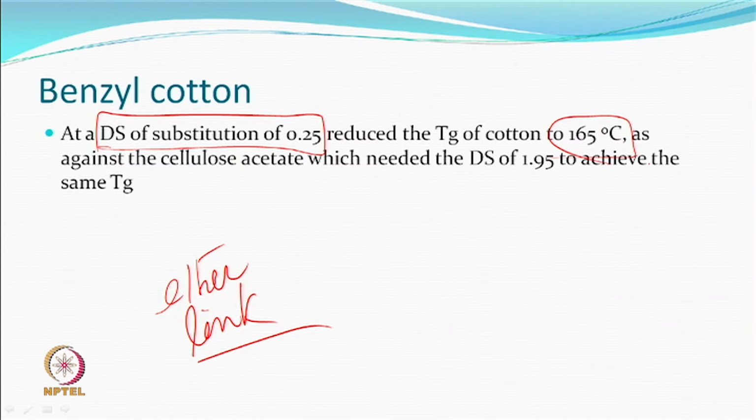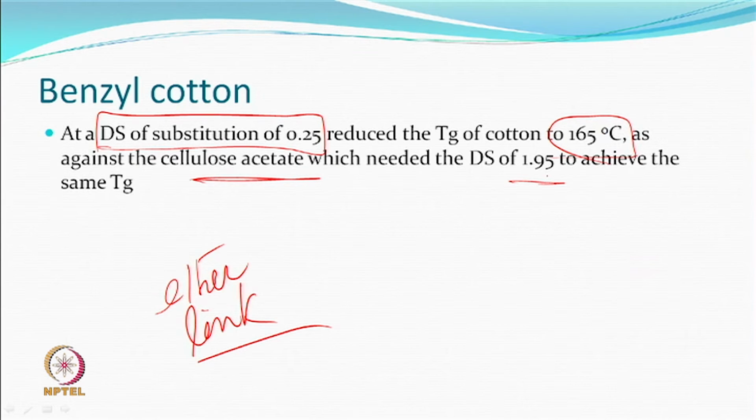Compared to a cellulose acetate, you required almost 1.95 or more to get to 165 degrees as glass transition temperature. And why?